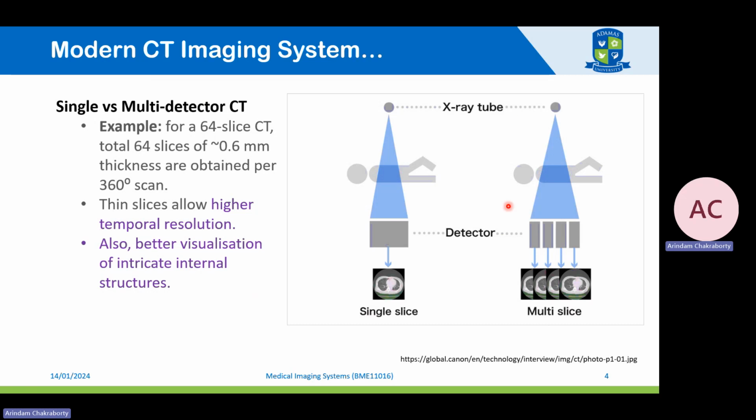So once the X-ray source covers this entire 360 degrees, the detectors capture a total of 64 slices of a certain thickness, which is around 0.6 millimeter. These thin slices allow for higher temporal resolution as well as better visualization of the internal structures.